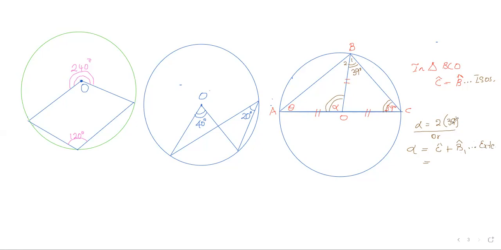But we know that on top there, angle C is equal to B, so C is 39, B will also be 39, we found that by isosceles. This is 78 degrees, so alpha will be 78 degrees there.